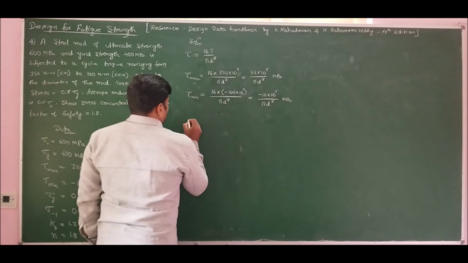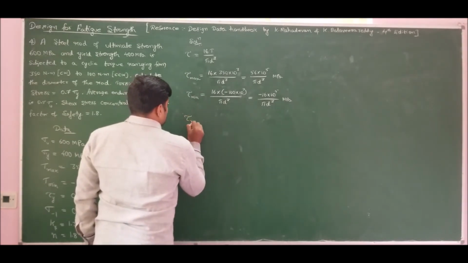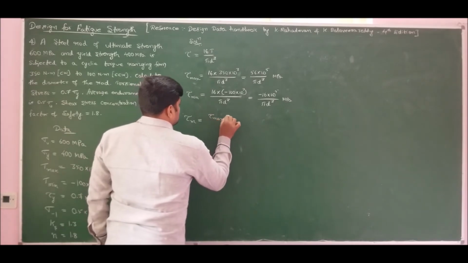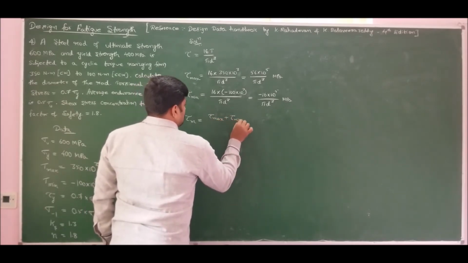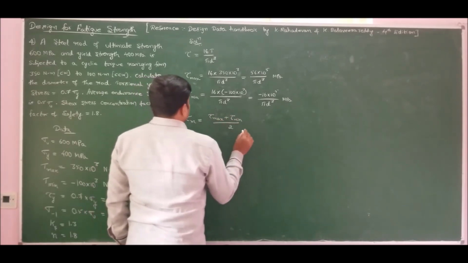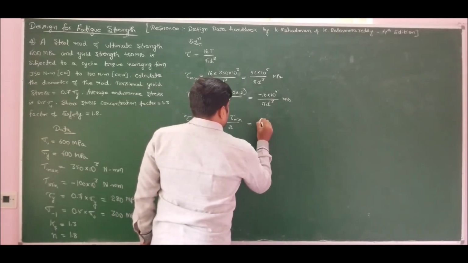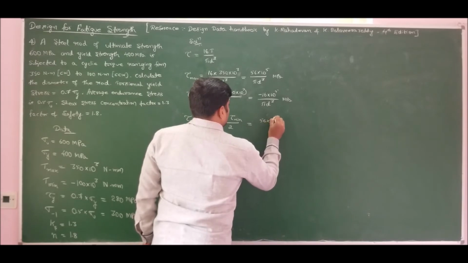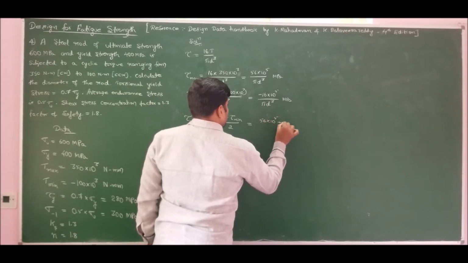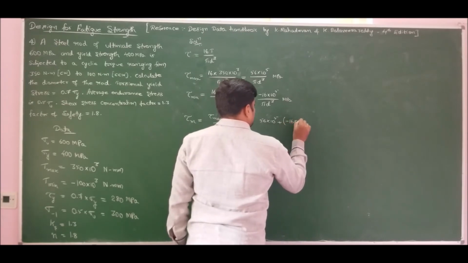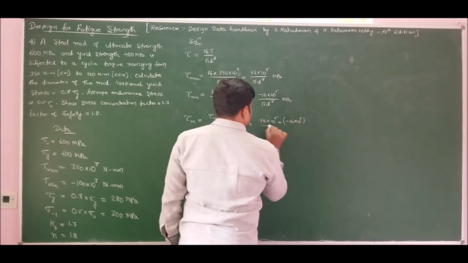So we know the formula for mean shear stress. Tau mean is equal to tau max plus tau minimum by 2. If I substitute and solve, I will get 56 into 10 to the power of 5 plus tau minimum, which is minus 16 into 10 to the power of 5.